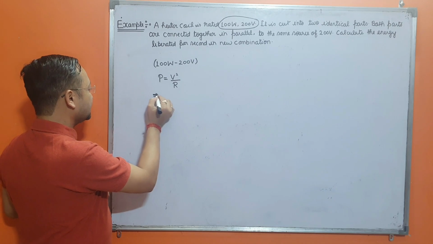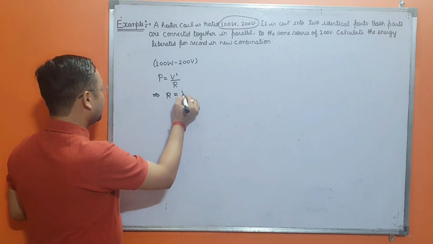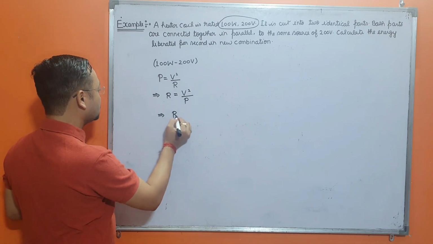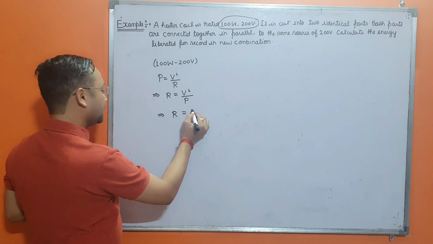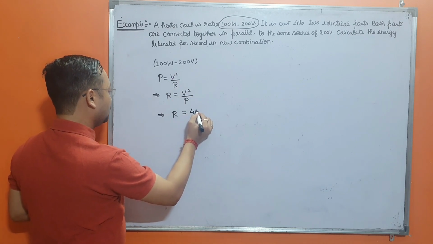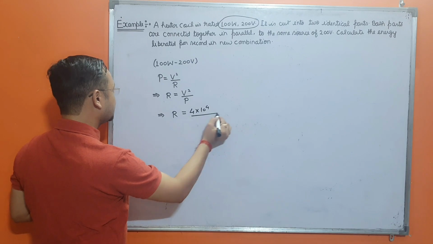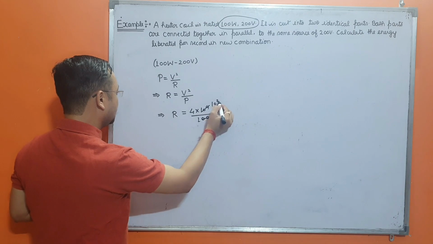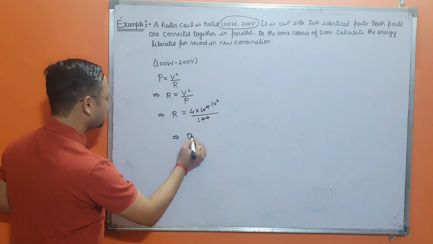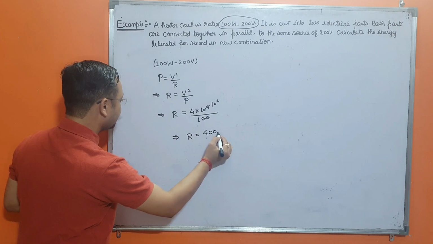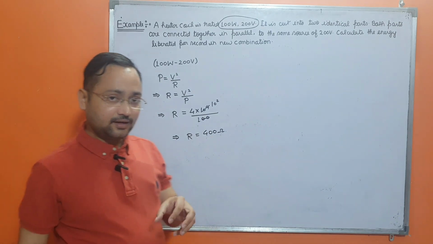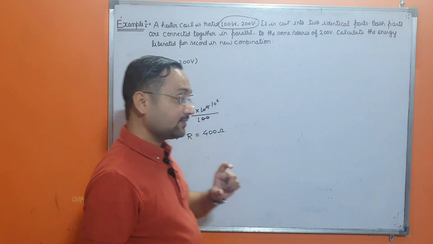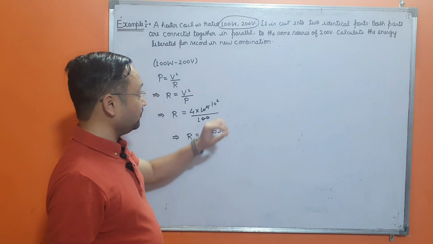Then the resistance equals V square divided by P, so R equals 4 into 10 to the power 4, the square of 200, divided by 100 watt, which is 10 to the power 2. The value of resistance is 400 ohm. It means the heating coil has a resistance of 400 ohm.